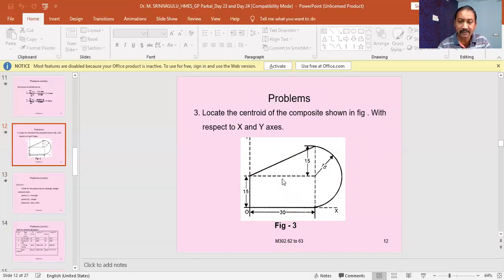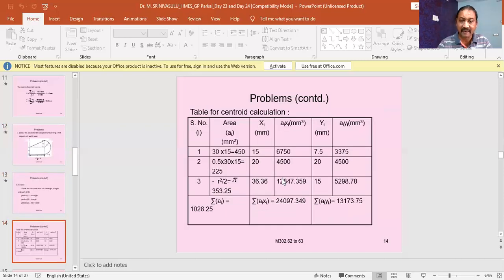So that is 2 into 30 by 3. So 2 into 30 means it becomes 60. 60 by 3 means 20. So x2 is equal to 20. Now the term a2 into x2 becoming 4500.